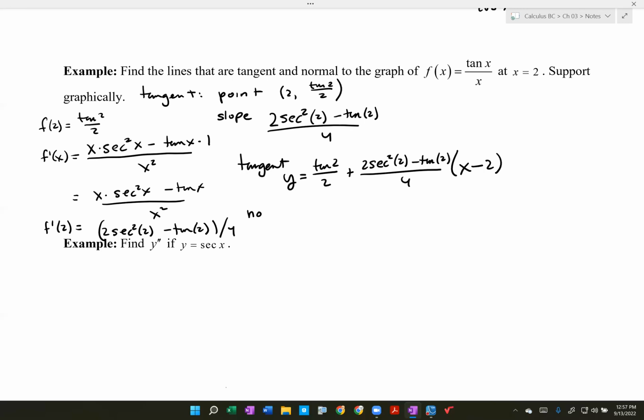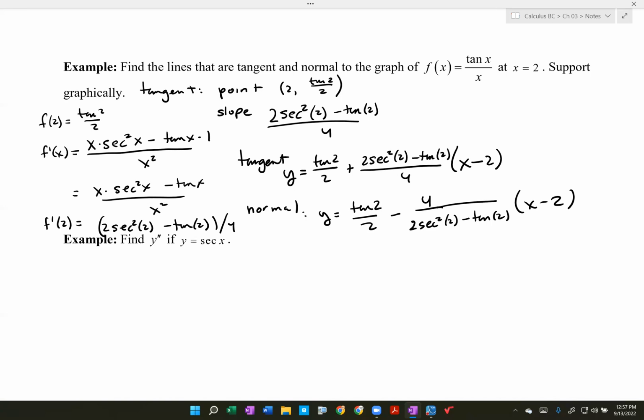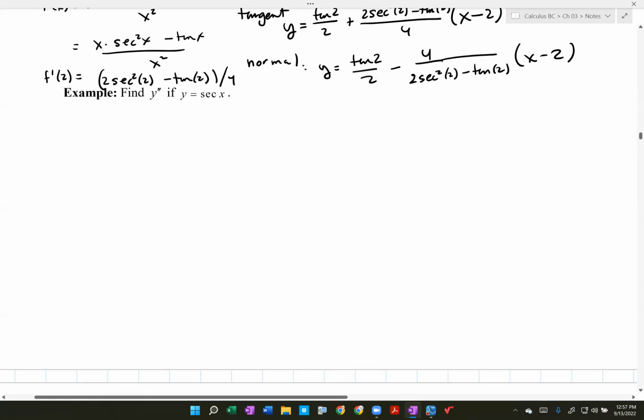The normal line is going to be found by simply taking the negative reciprocal of that slope. So let me change the sign. Let me create the reciprocal of that, and then multiply that by x minus 2. And there's your normal.